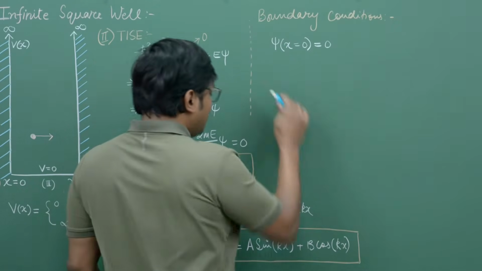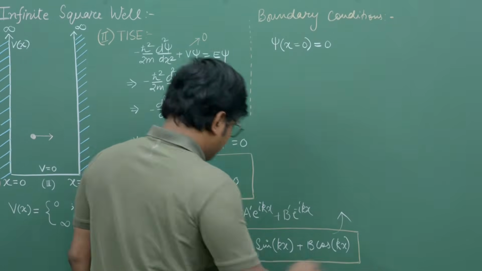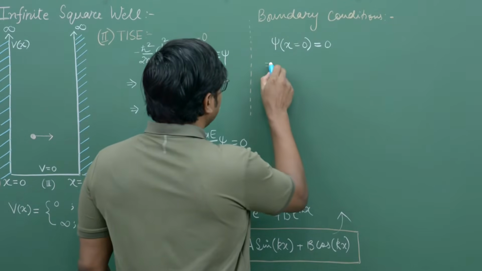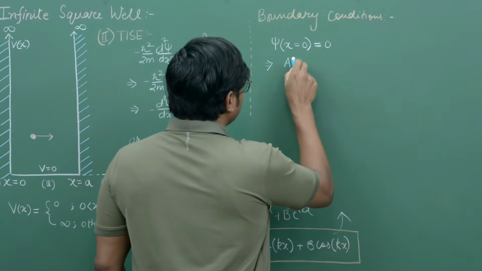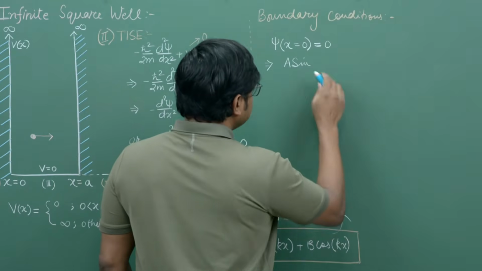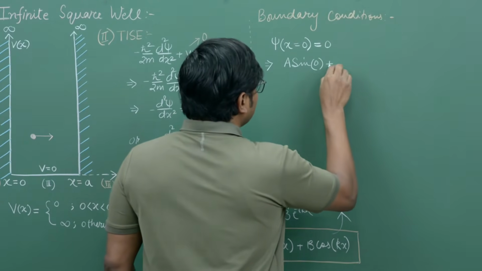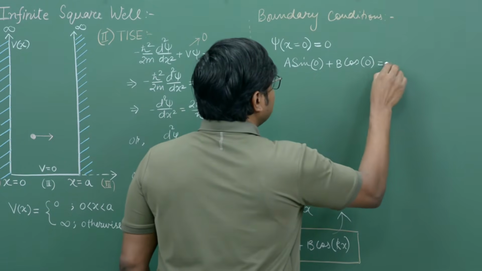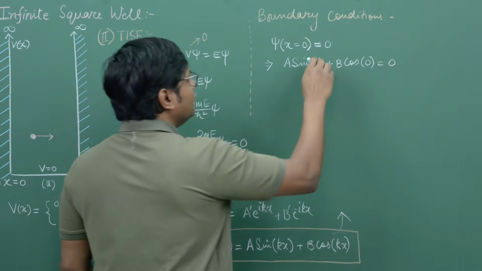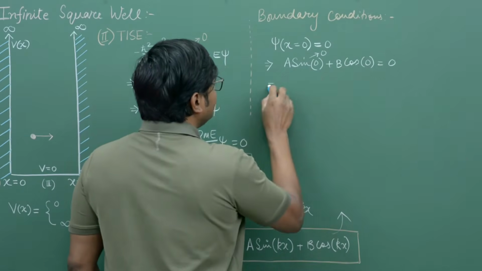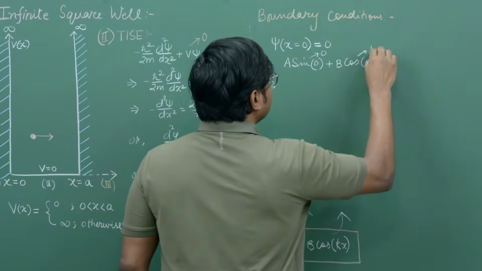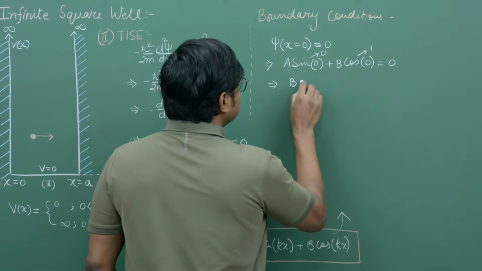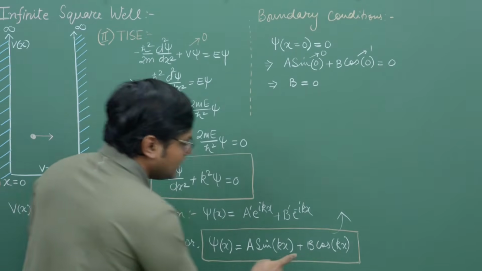All right. So if I apply this particular expression here, this simply becomes a sine k times 0 plus b cos k times 0 is equal to 0. Now sine 0 is 0, right? So we are left with cos 0 is equal to 1. So we are left with b is equal to 0. That means this particular constant b is 0.